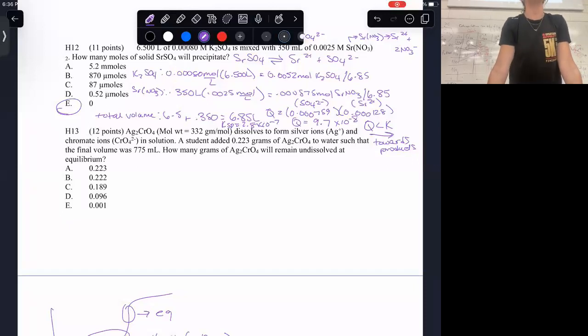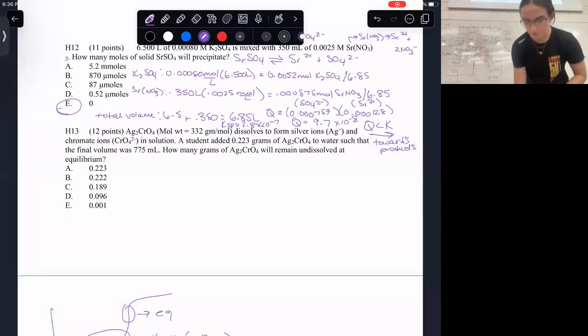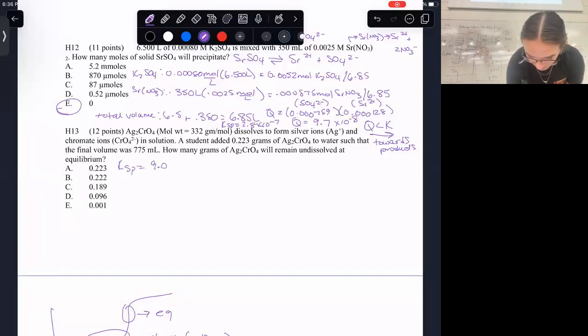So this kind of plays into it. Right, we're going more in the forward direction than reverse direction, but you could use this forward direction to see what you would have to do to solve for the reverse reaction. Okay, so the first thing I'm going to look at is the KSP. It's at the top. I'm not going to scroll for it. KSP will be equal to 9.0 times 10 to the negative 12.